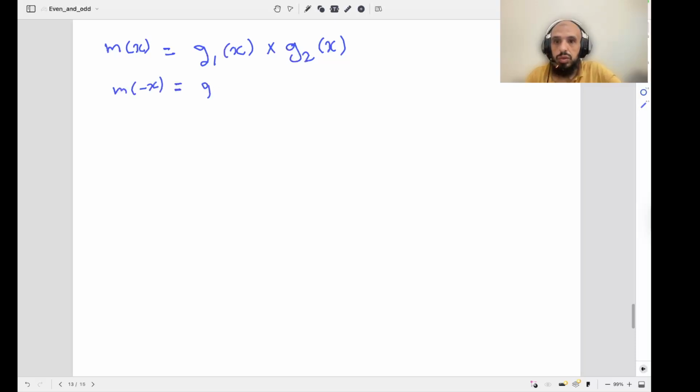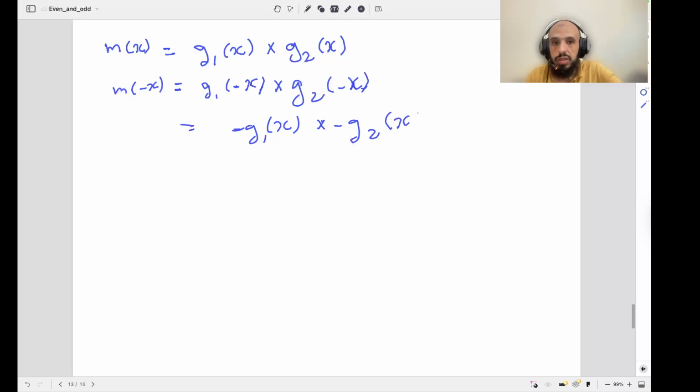It's going to be equal to g1 of negative x multiplied by g2 of negative x, or negative g1 of x times negative g2 of x.